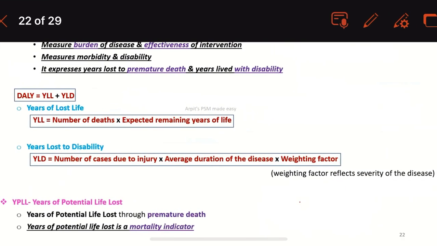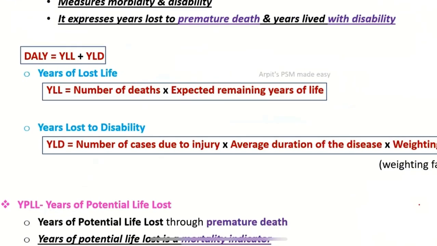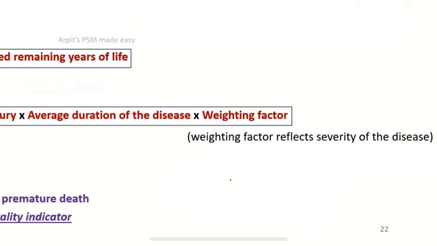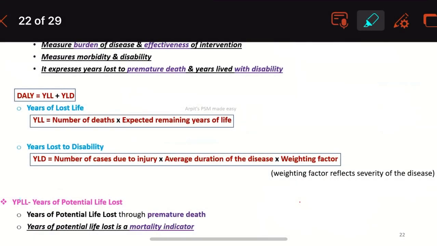So we see, guys, the formula: YLL, years of life lost, plus YLD, years lost to disability. The weighting factor reflects the severity of the disease. Years of potential life lost, YPLL. What do you mean by years of potential life lost? It is the years of life you lost because of premature death.